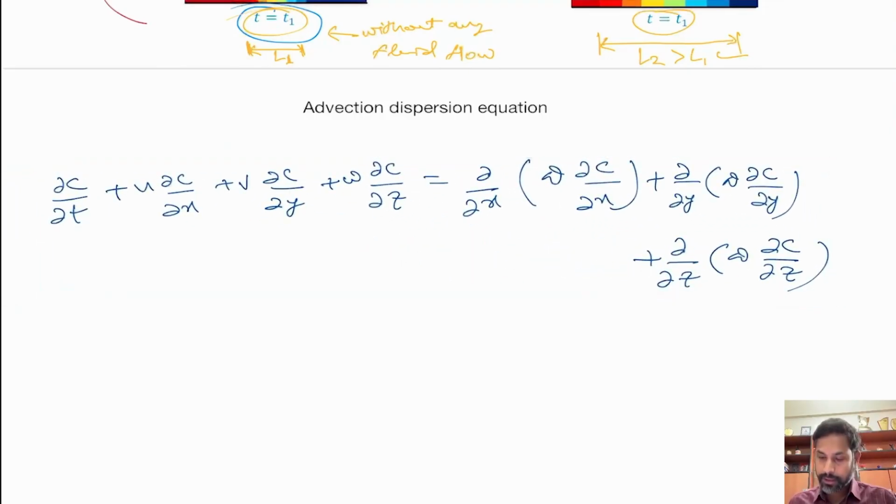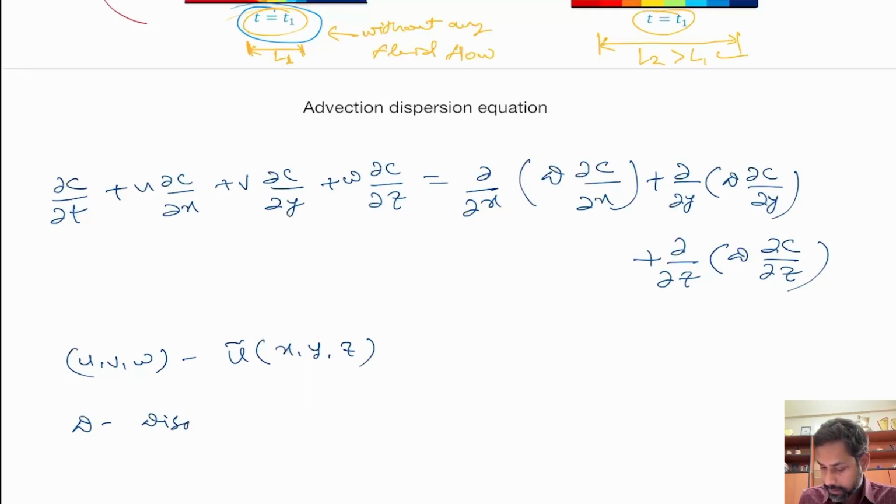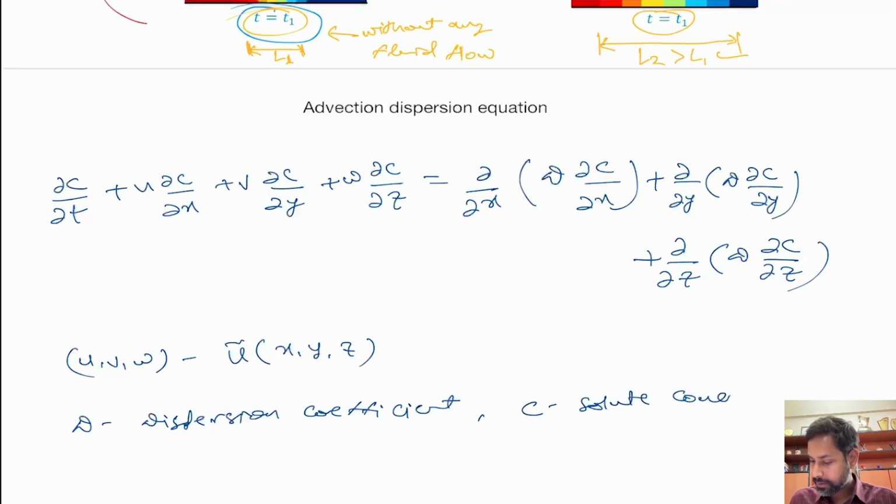Okay, so this is the equation that we have used, where u, v, w are the velocities in x, y, z directions, right? So let's call the velocity in x, y, and z directions u, v, and w. Okay, and D here that you see is known as the dispersion coefficient. Okay, and C obviously is the solute concentration.